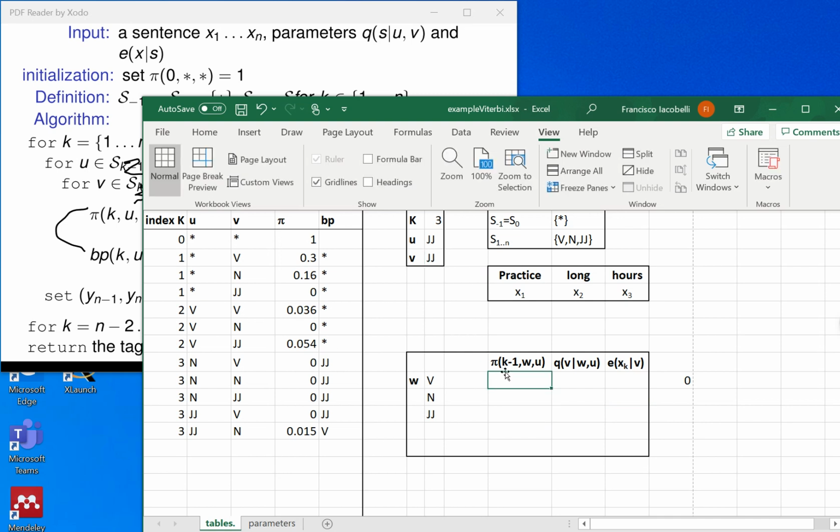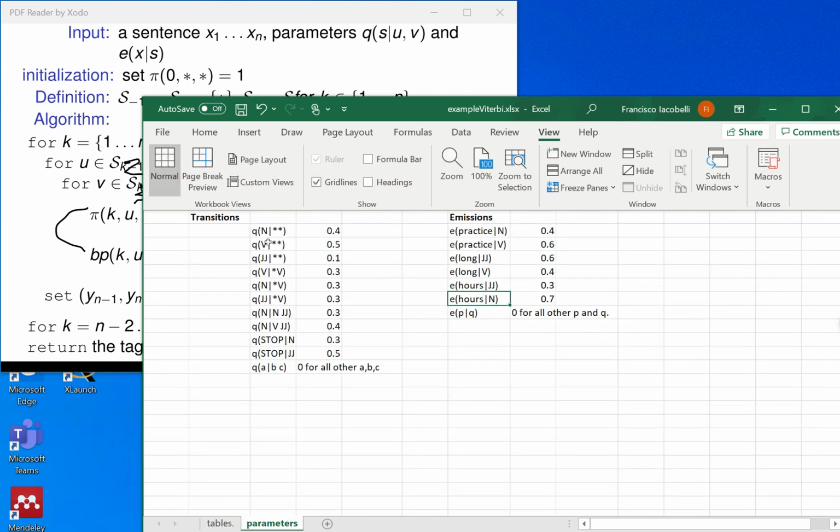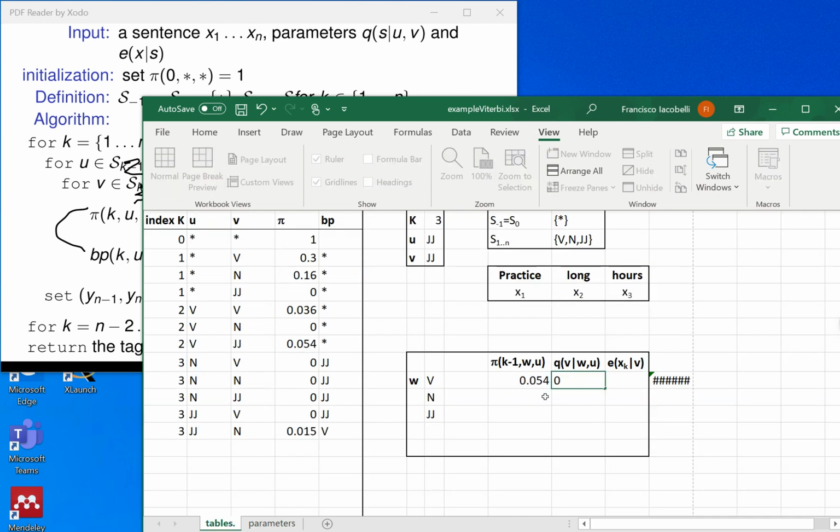So what is pi of 2 V JJ? 2 V JJ is 0.054. As you notice, these things don't depend on V, so they will be the same, right? 0.054. Q of V, which is JJ, given V JJ, is not here, so I'm assuming 0.